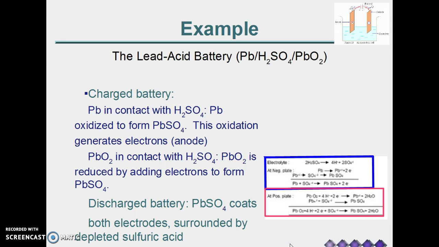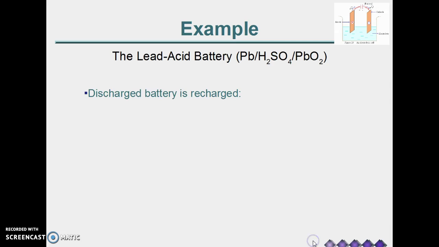When the battery is completely discharged, then you have lead sulfate coating both electrodes in contact with depleted sulfuric acid, and it will no longer generate a current. How do you recharge a discharged battery?